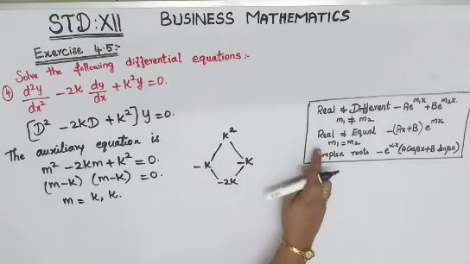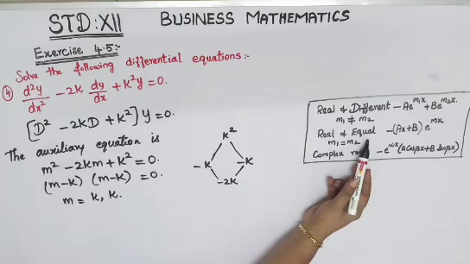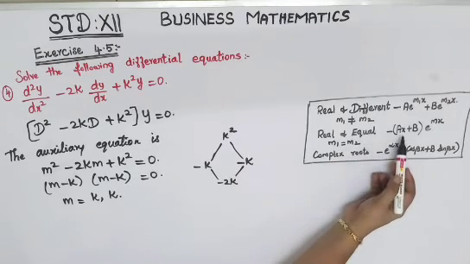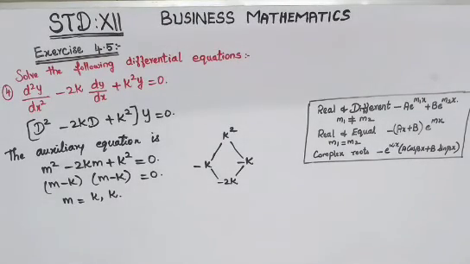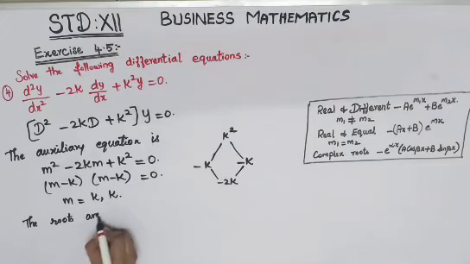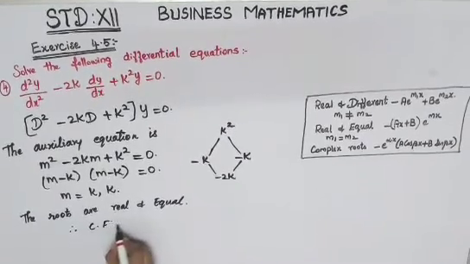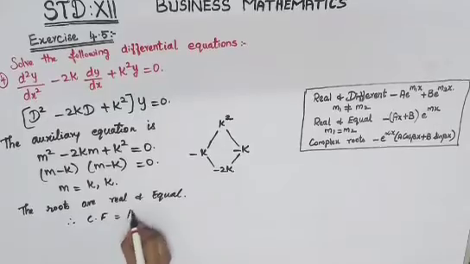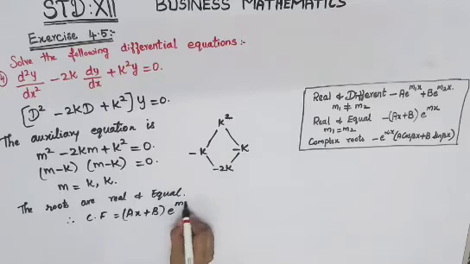Now the second condition, because m is same, okay. So real and equal, so both are same. So m1 is equal to m2 means your formula is ax plus b into e power mx. So therefore you can write your CF as, the roots are real and equal, therefore CF is equal to, first write your formula, that is ax plus b into e power mx.